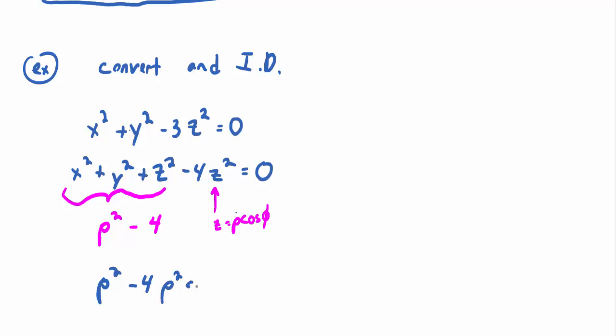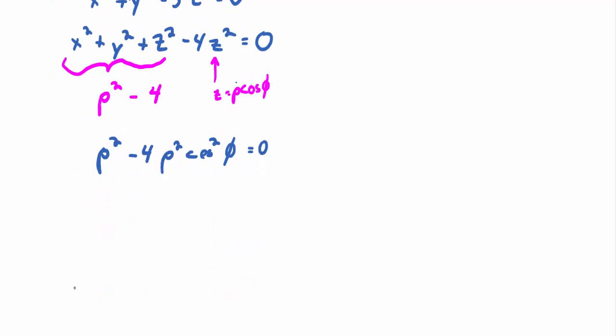You got to square both the rho and the cosine. Everybody see that? Now, I'm just going to factor out the rho squared. I want to figure out what this looks like. Rho squared, what's left if I factor out the rho squared? 1 minus 4 cosine squared phi.